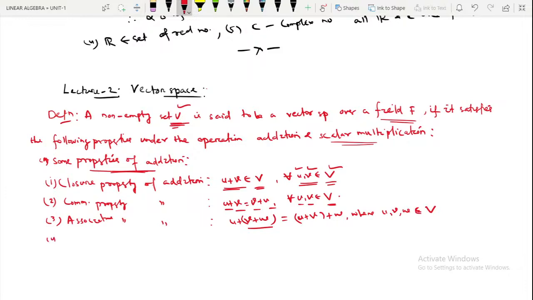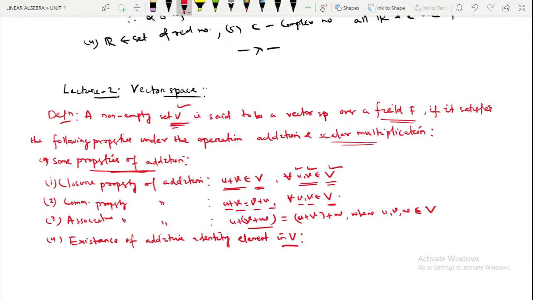Okay. Then next property, existence of additive identity element in V. And we know the additive identity element is 0.